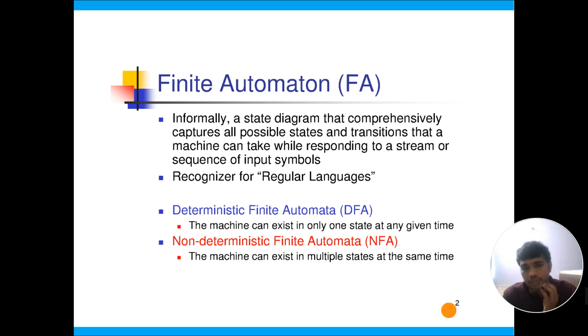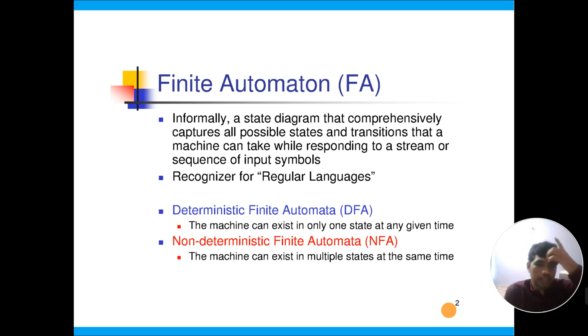Deterministic finite automata, or DFA in short. We can say it is a DFA if it is in only one state at any given point of time. Take any instance of time, it should be in only one state. It cannot be in two or more states. Whereas a non-deterministic automata can be in one state or more states.